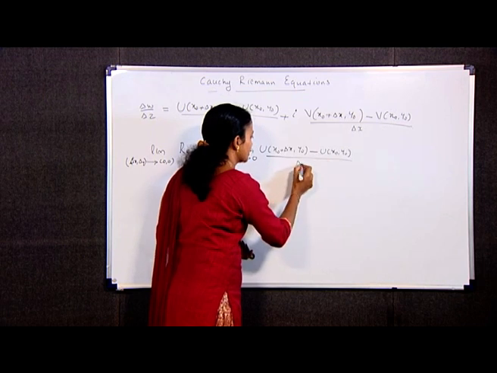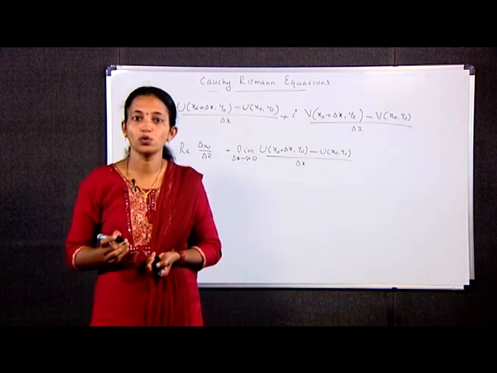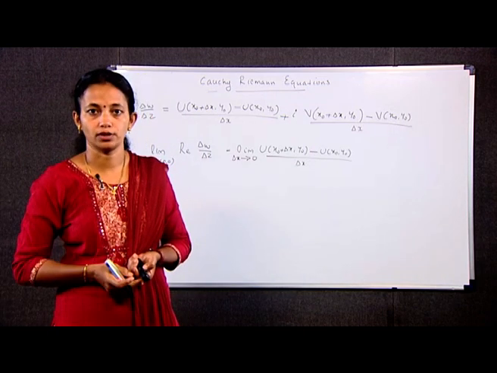Here, as delta x tends to 0, this is equal to u_x(x naught, y naught).